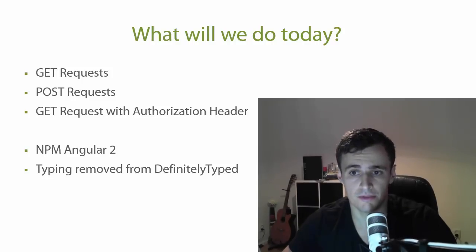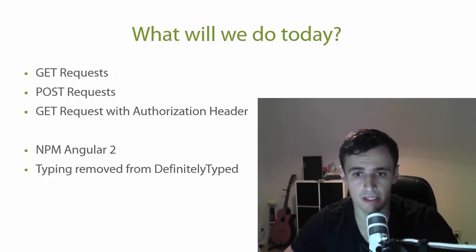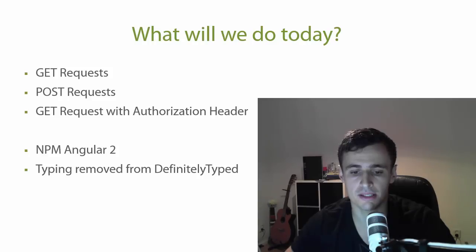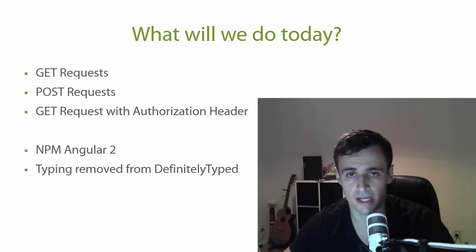Alright, so that's about everything I'd like to show for now. I hope you guys learned something. So we saw how we can do a get request and a post request to retrieve our bearer token, and then we use this with the authorization header to retrieve data from a secure endpoint. And we saw that Angular 2 is now packed with the node package manager, and we get the typings from there.